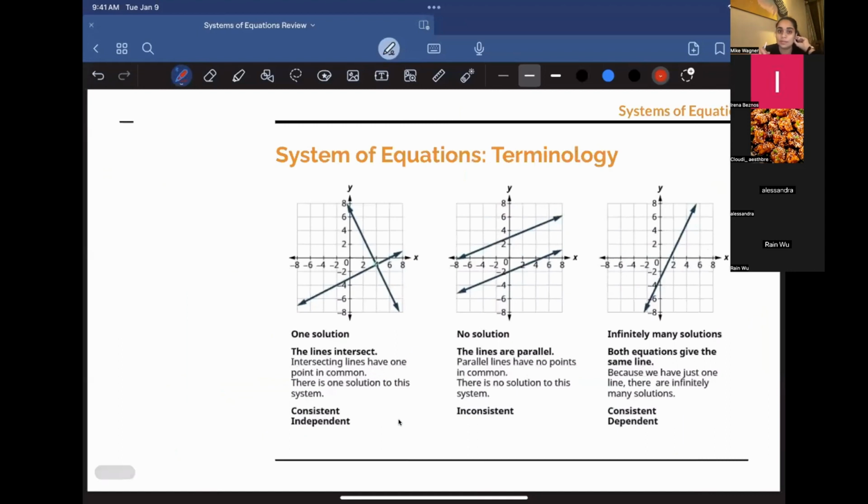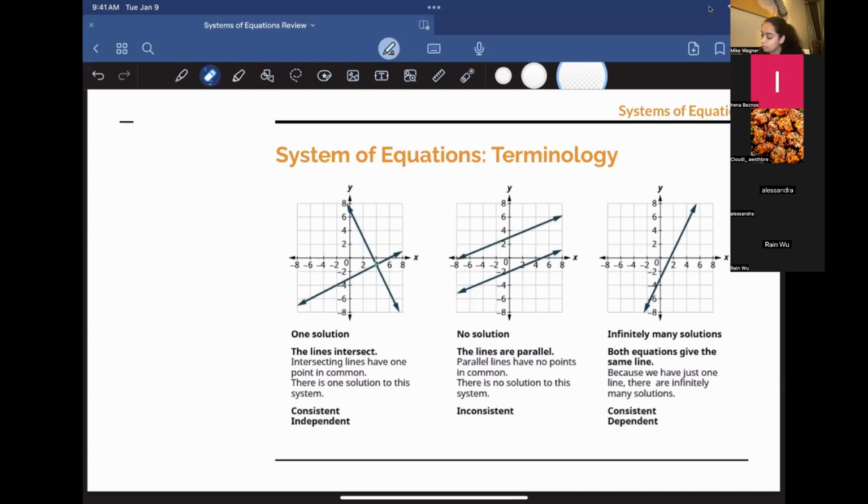So something that the SAT will for sure test and loves to test is systems of equations in terms of parallel, one intersection, or the same line.